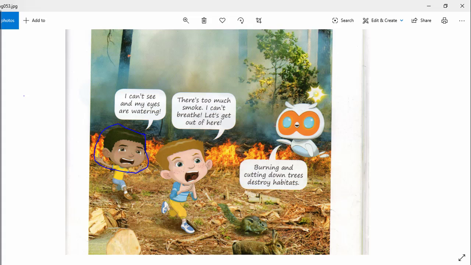Because the smoke hurts your eyes. And not only your eyes, it can also hurt your lungs. When you are in smoke, you will choke. You cannot even breathe because smoke is really poisonous. You can see all of the smoke. See, it is really bad.